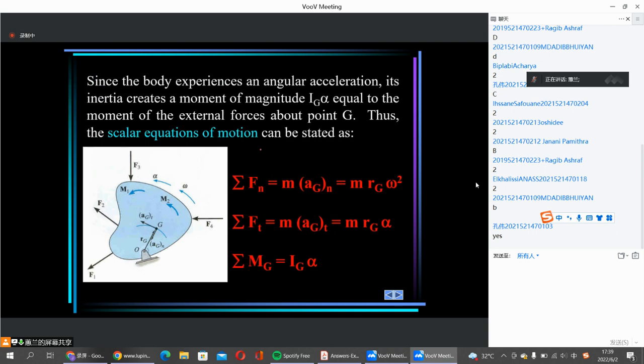So the normal kinetic force equals m times the normal acceleration, and the tangential kinetic force equals m a_G alpha. But again, we still have sigma M_G equal to I_G alpha.